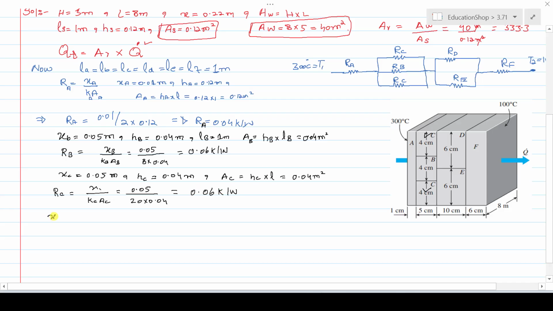For D, we first need to calculate the thickness of the D section, that is 10 centimeters. Converting into meters, it becomes 0.1 meter when you divide it by 100.